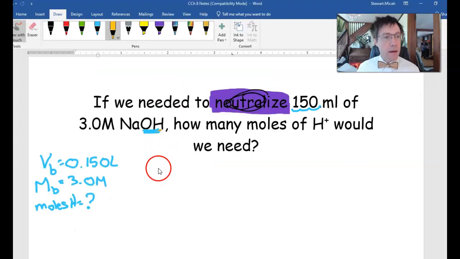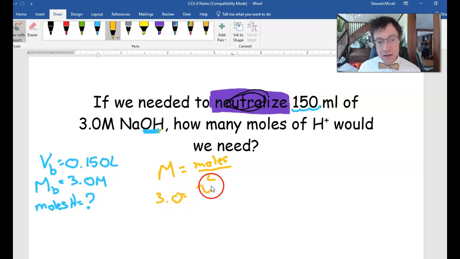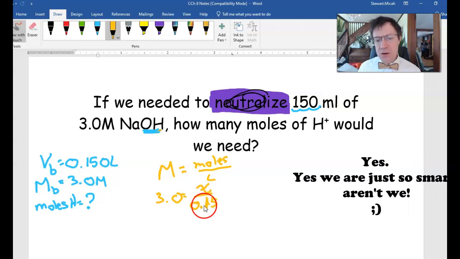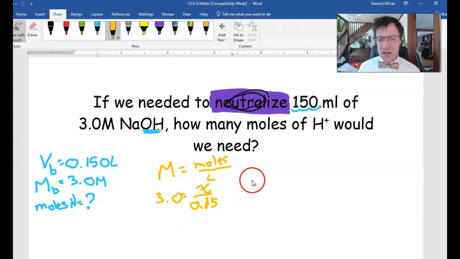So, molarity is going to equal moles per liter. So that'll be 3.0 equals X over 0.1. And aren't we so smart that we switched it right over to liters before we even got started?